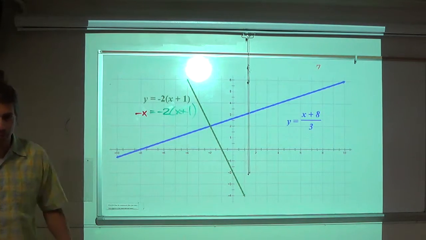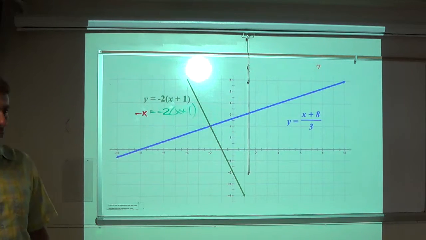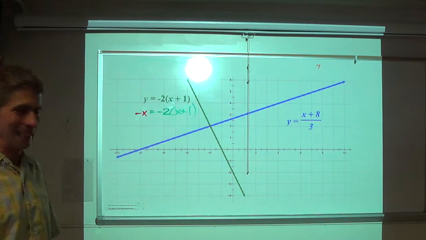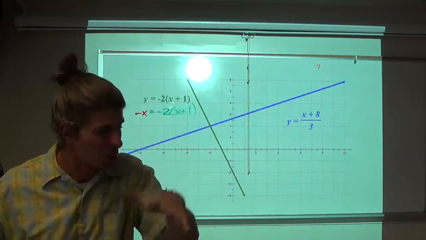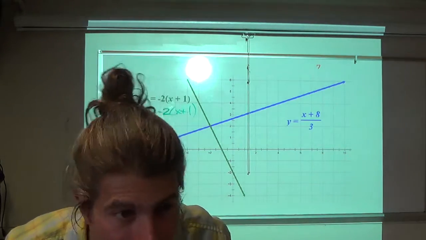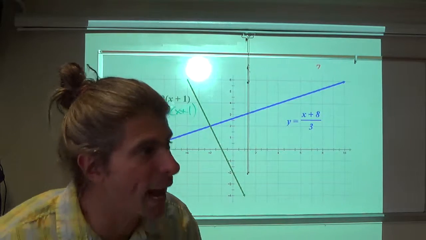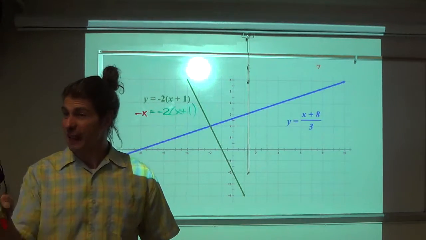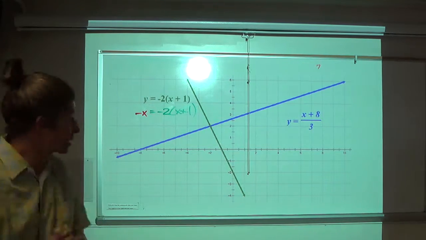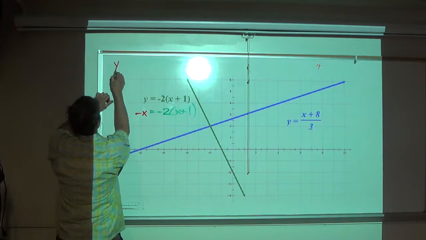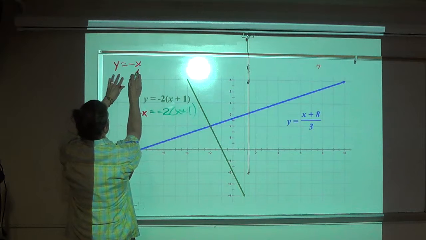Can anybody give me a point that lies on the line y equals negative x? Or, more properly said, y equals the opposite of x. You can call it negative x if you want to. Any point. Give me 1 point. I'll vote for negative 2. Negative 2, negative 8. Does that satisfy? Let's look at this. Y equals negative x, yes?